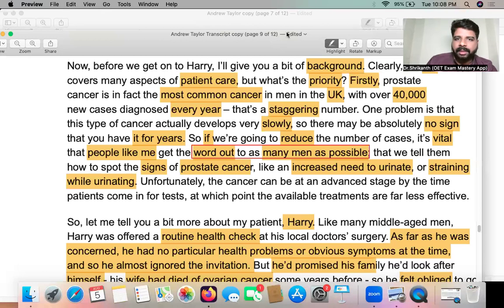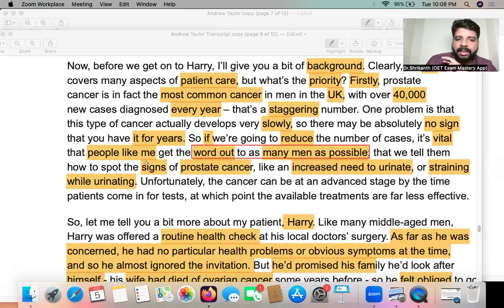Now you see the symptoms, one by one, you can see that she's going to be talking about the symptoms, right? Now she's going to say about the signs. Signs basically means symptoms of prostate cancer. Like an increased need to urinate. That is symptom number one. People feel like they need to urinate much more frequently. Or straining while urinating, that is having difficulty when urinating. So these are the two main types of symptoms.